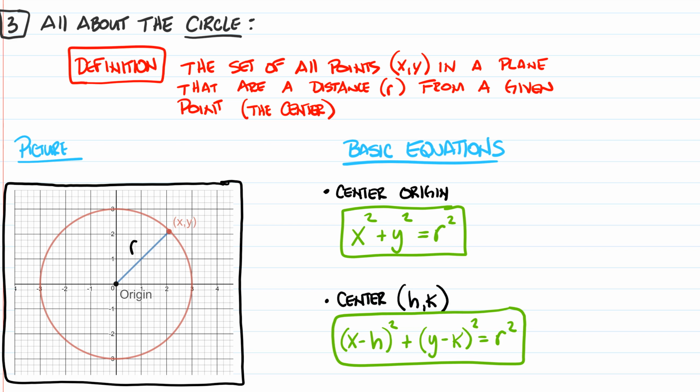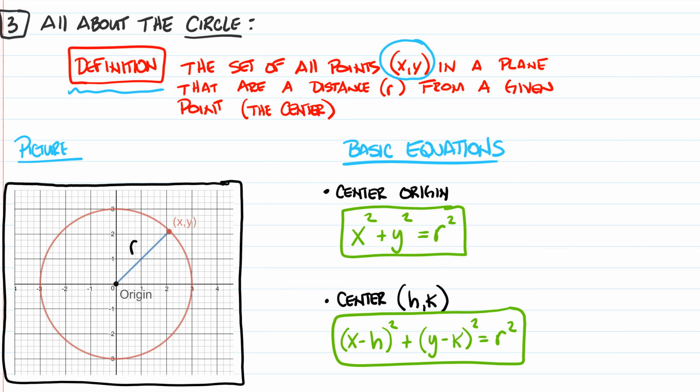Okay, in box number 3, we're going to talk all about the circle. So let me give you the definition first, and then I'll try and point out all these parts that are in the picture to match the words of the definition. The definition for us right away here is the set of all the points, x's and y's. So every single x and y, it's a collection of points in the plane that are a distance r from a given point called the center.